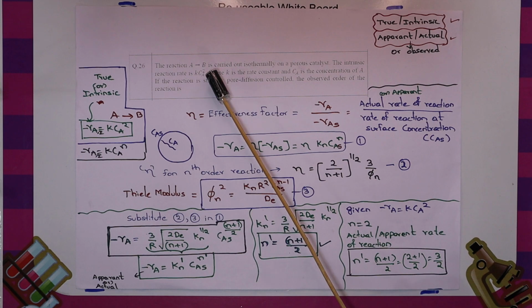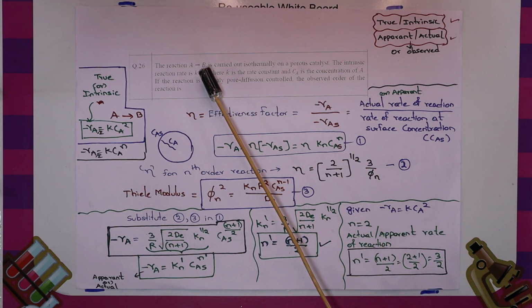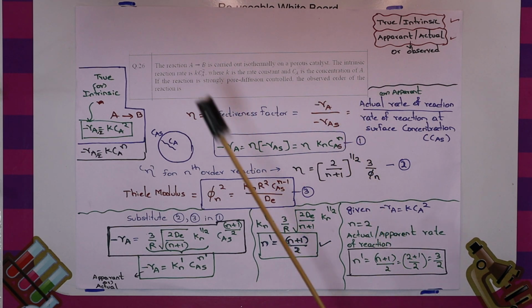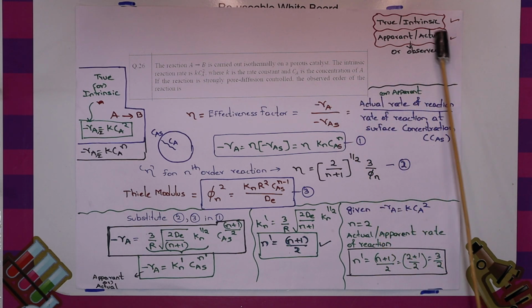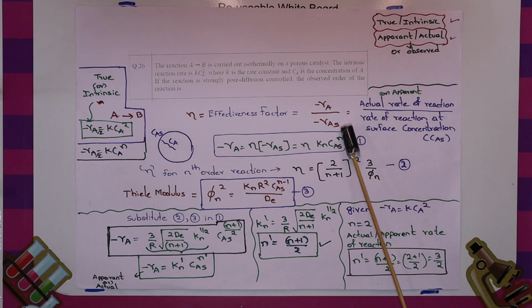Observed, you are supposed to calculate what is the observed rate, not the observed order, not the actual order. To do that, you are supposed to do some mathematics. Let us take the help of the effectiveness factor. Effectiveness factor is the ratio of the actual or apparent rate of reaction, that means what we have defined here, divided by the surface reaction rate.